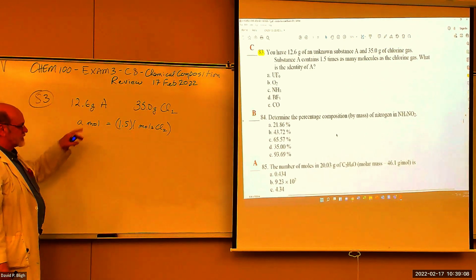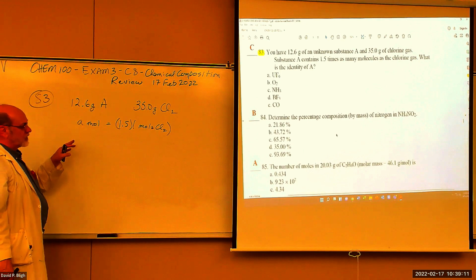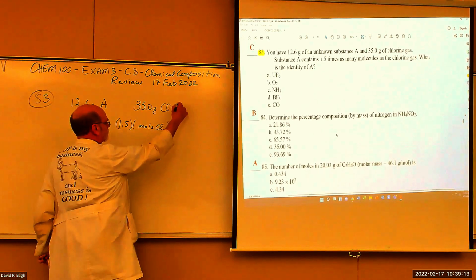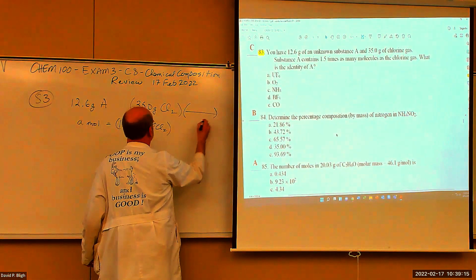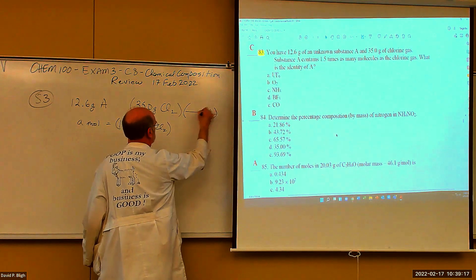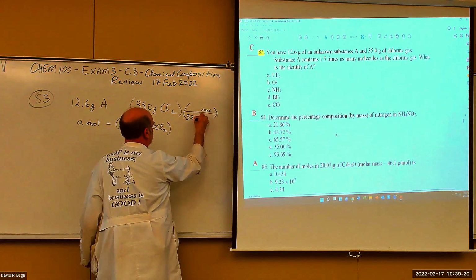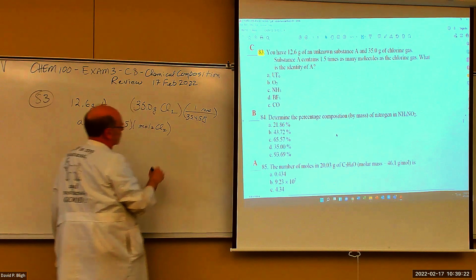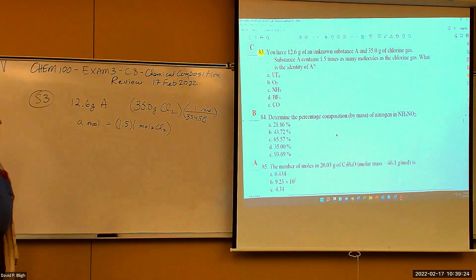How many moles is this? That's our first question. So how many moles of chlorine do we have? Grams per mole, 35.45, 1. So we're going to have a little bit less than a mole of chlorine.